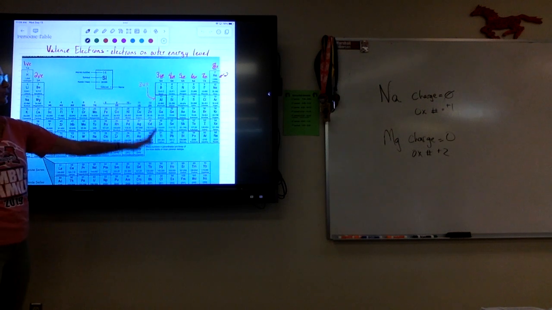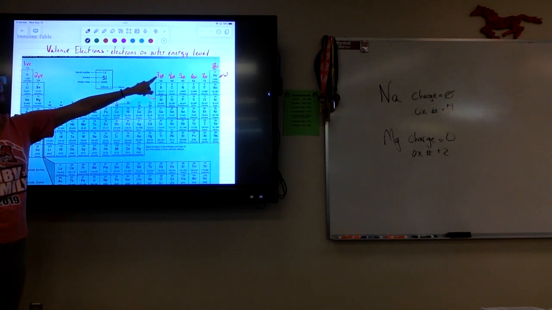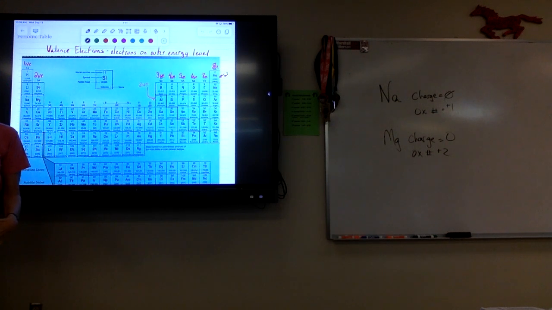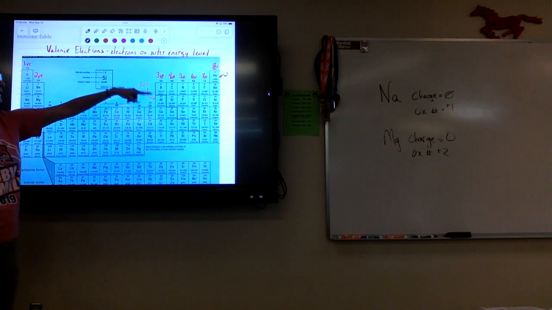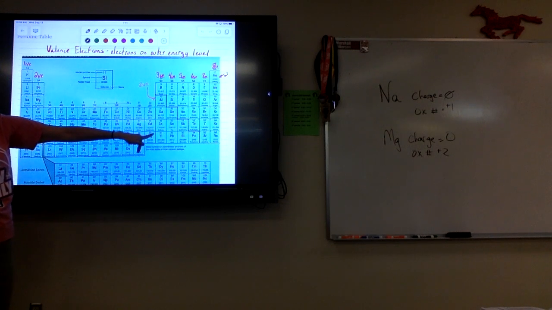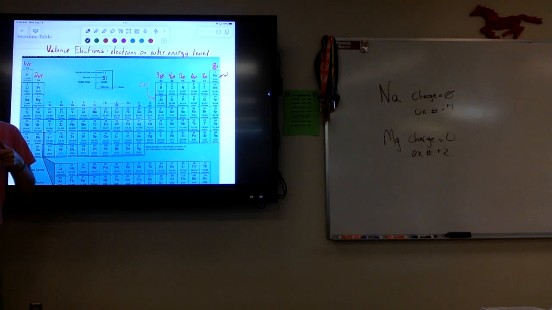So let's skip over to here. Boron has 3 valence electrons, and so does aluminum, but you don't know anything underneath that. Let me say that again. Boron and aluminum both have 3 valence electrons, but you don't know anything about gallium or indium or thallium.